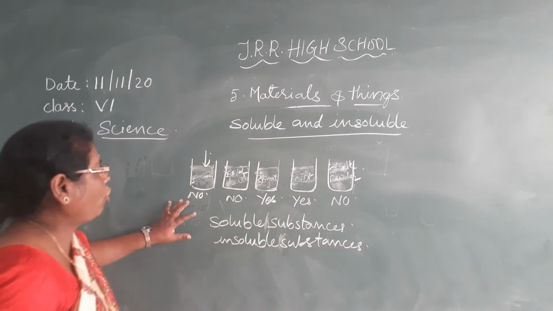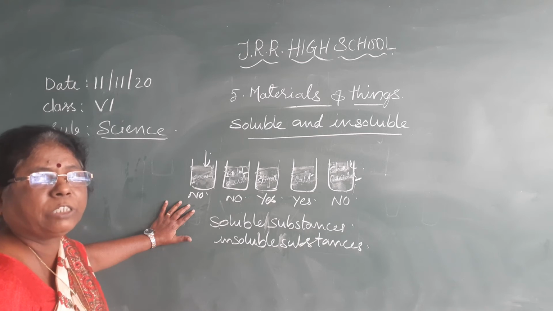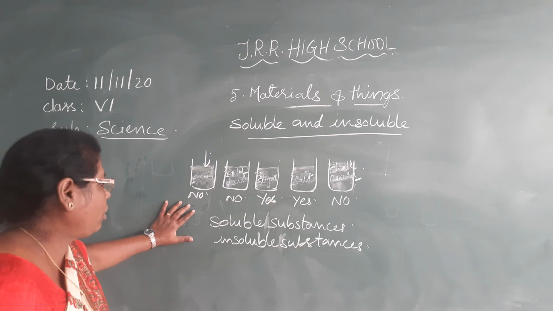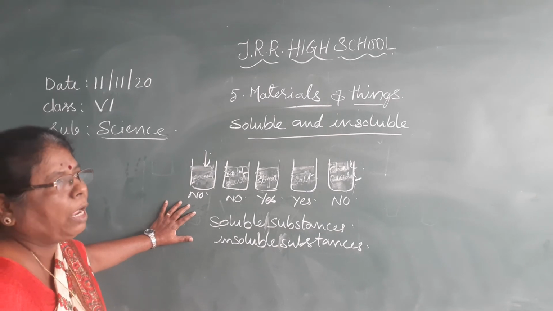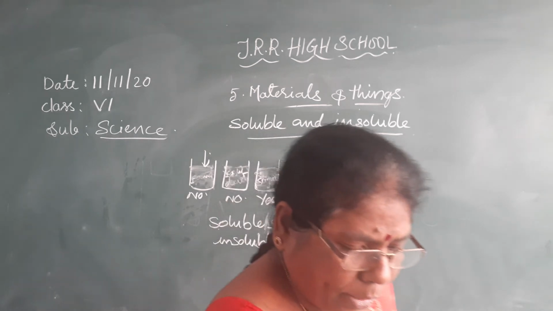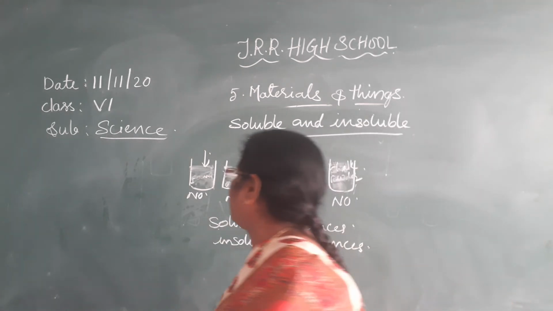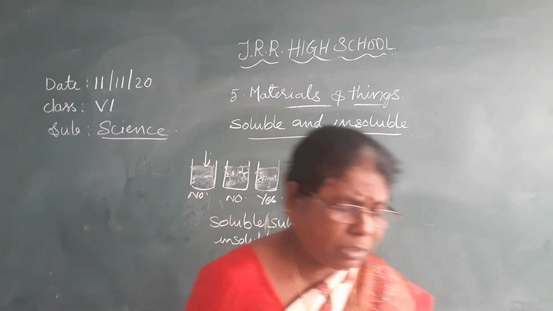So, here you have seen solubility, insoluble and soluble substances. The materials which are soluble in water are called soluble substances. The substances which are not dissolved in the water are called insoluble substances. Understood? So here you can do the experiment with oil.